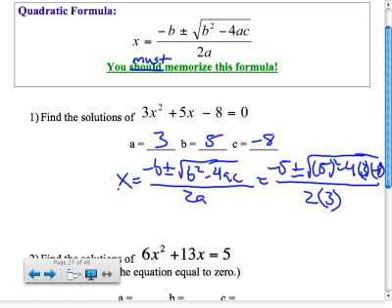And now at this point, you can grab a calculator, do whatever you want, but essentially you have negative 5 plus or minus the square root of 5 squared is 25, so I have 25 minus, let's see here, so I have 4 times 3, which is 12. 12 times negative 8 is negative 96, so positive 96, all of that divided by 6.